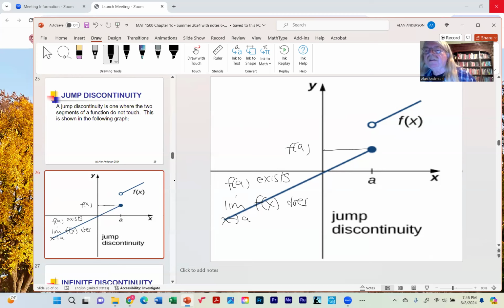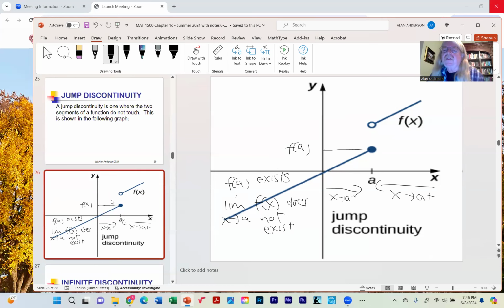And that's the reason why it's discontinuous. Okay, and again, that's because as we approach from the left, we're getting a different limit than if we approach from the right. So the limit does not exist.